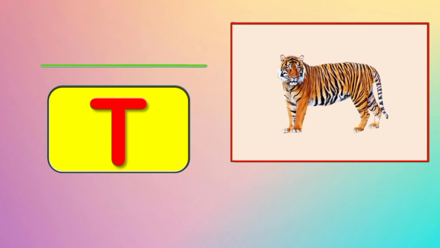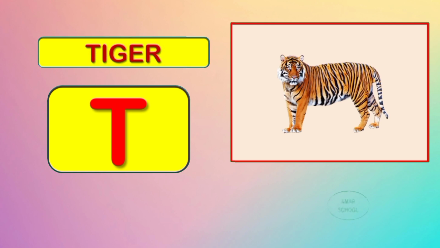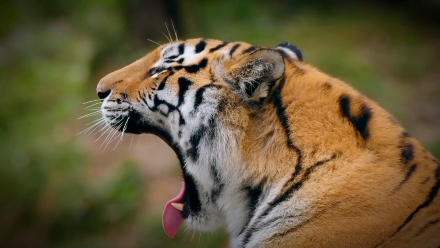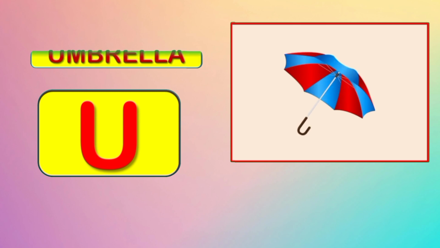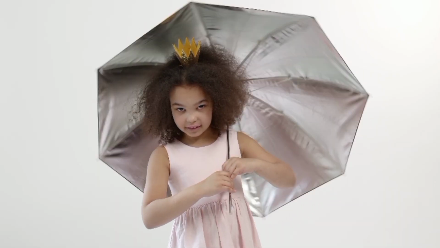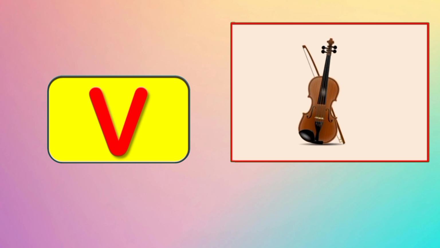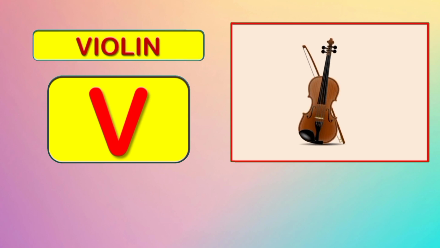T for tiger. U for umbrella. V for violin.